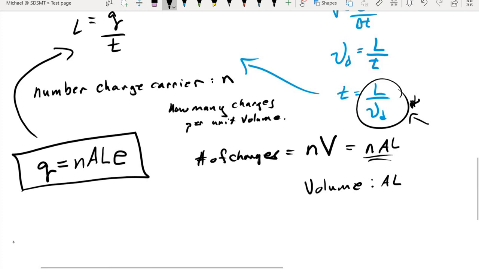We want to take our current and we want to move all of that charge over a certain amount of time.